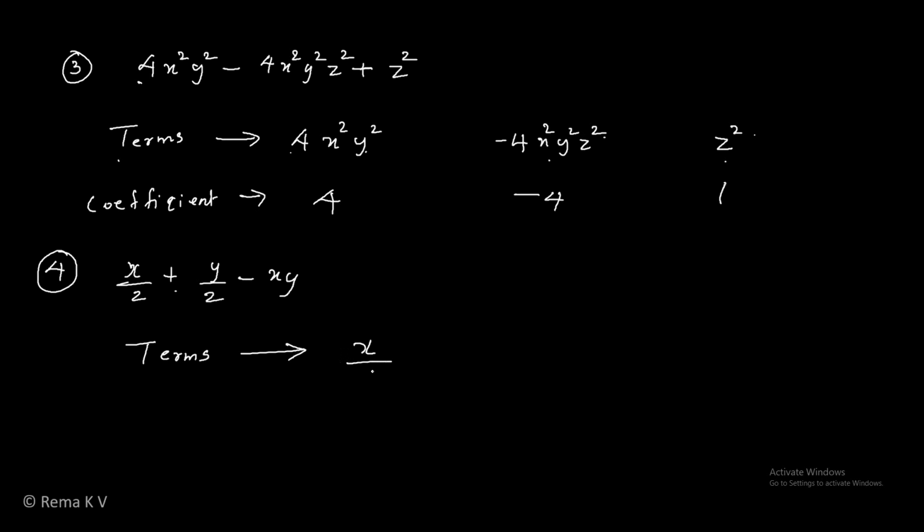First term is x by 2, second term is y by 2, and the third term is minus xy. What is the coefficient of the first term? Okay, coefficient of the first term is 1 by 2 because it is 1 into x, it is x, so 1 by 2 is the numerical part of this and it is the numerical coefficient. Okay, it is 1 by 2.